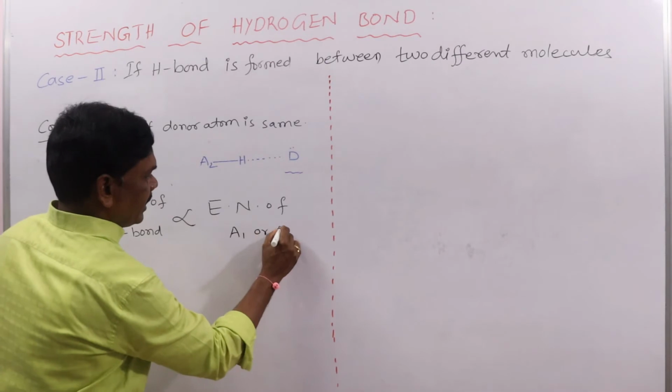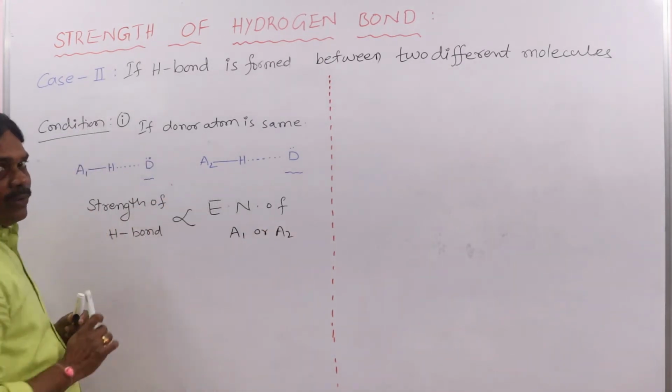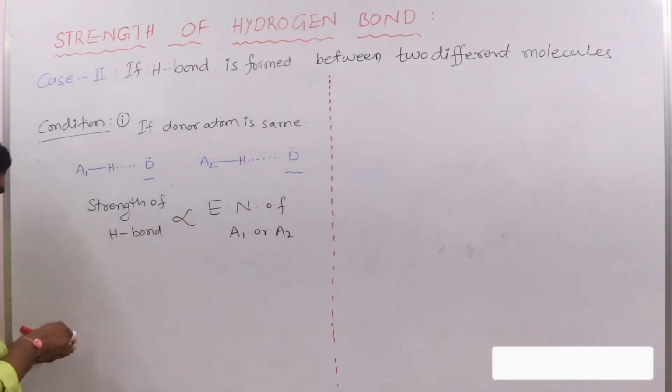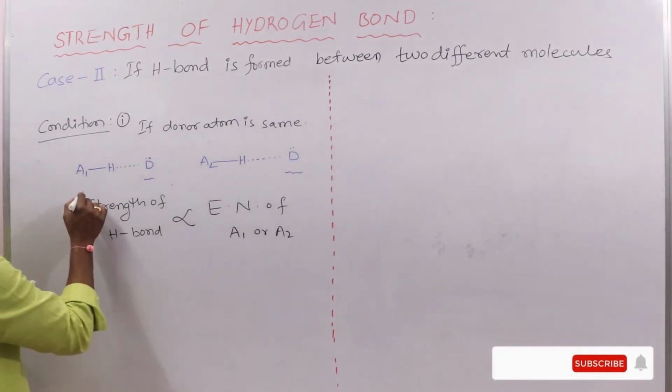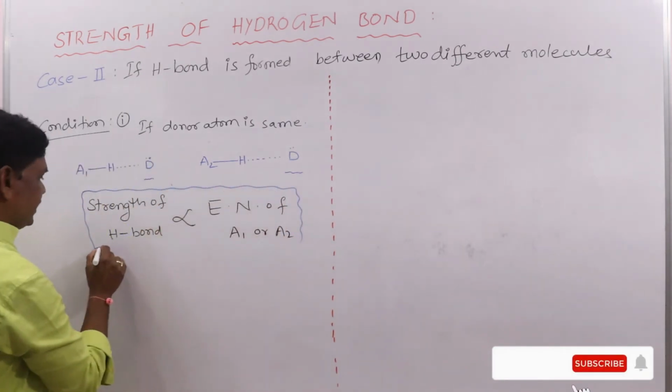A1 or A2 means different molecules. So based on this, we are calculating the strength of hydrogen bond.